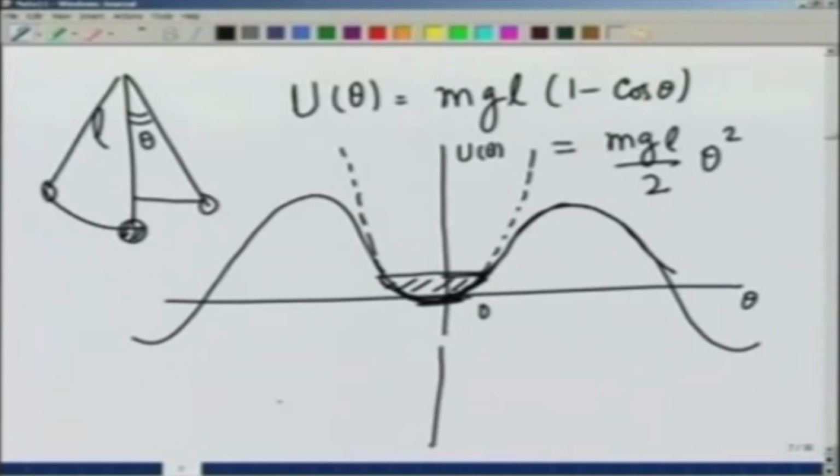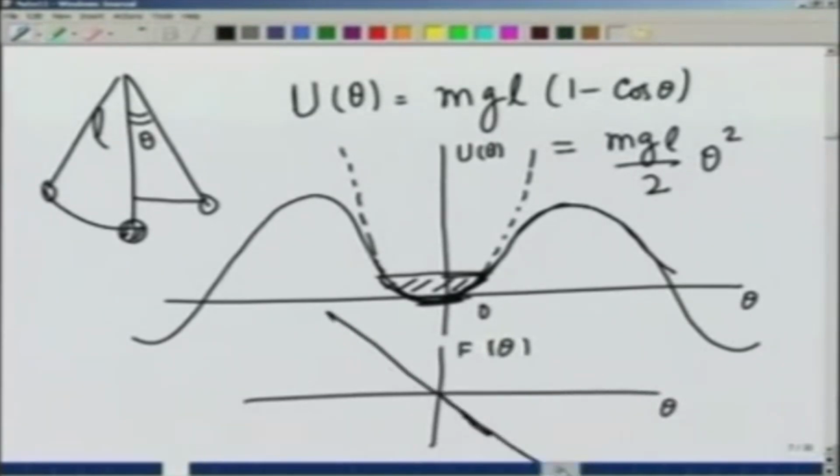How about the force? Again, we are approximating the force to be a linear force, but as you go far away the slope goes down, and therefore the real force is something like this, and then it oscillates. So again, for a good range of theta, the force is linear in theta, and therefore simple harmonic motion is a good approximation for low displacements. In these lectures we are going to talk about the simple harmonic motion.